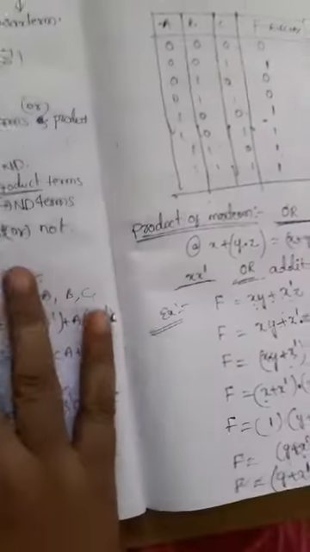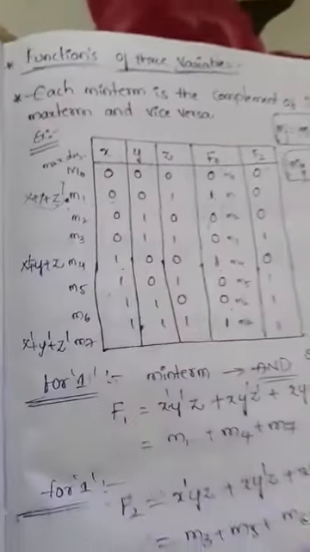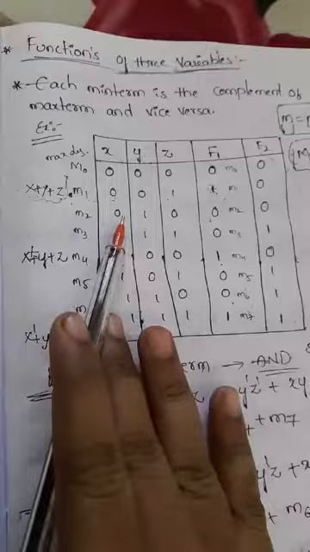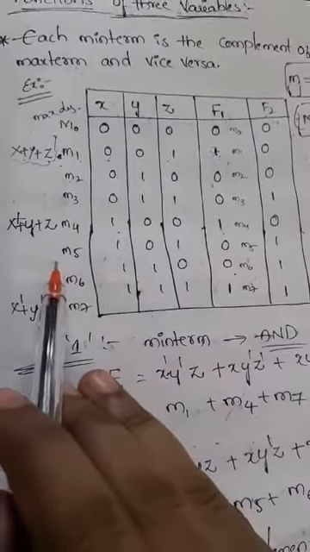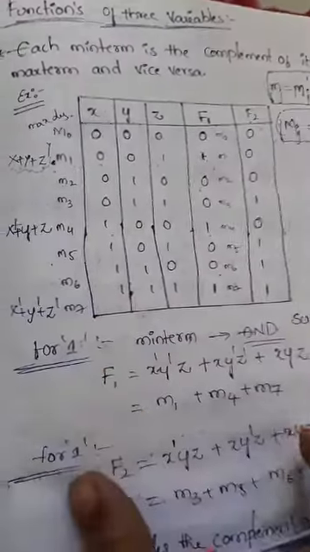We need to check it in the truth table, whether it is right or not. So this is maxterm: triple zero we represent as M0, 0 1 0 as M2, 1 0 0 as M4, and 1 0 1 as M5.